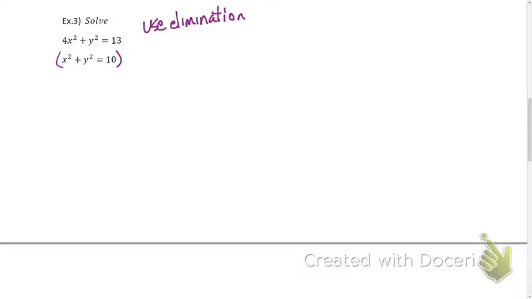I would leave this one as is. And I'd multiply this one by -1. And then when I combine the two, the y's will cancel out.